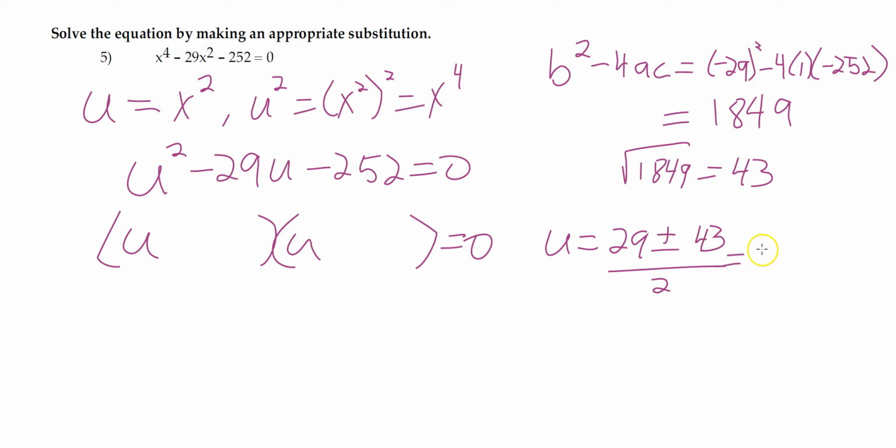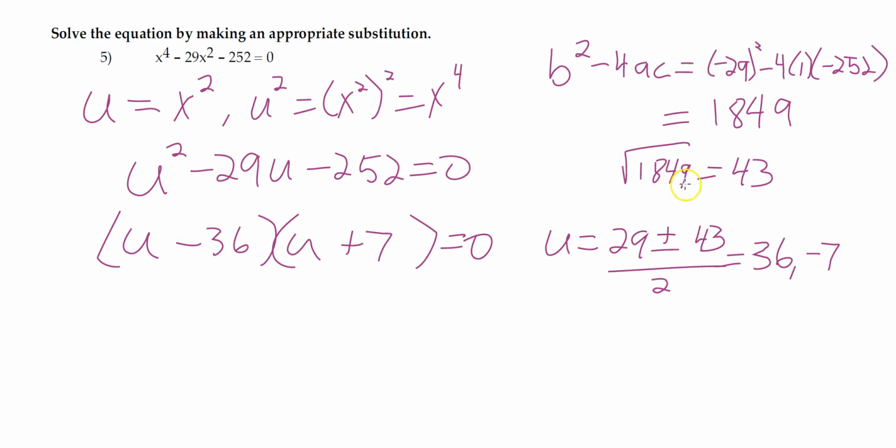Now this gives us 29 plus 43 divided by 2 is 36. And 29 minus 43, negative 14, divided by 2 is negative 7. Okay, so we actually can see that this is minus 36 and plus 7, but that wasn't going to be so easy.